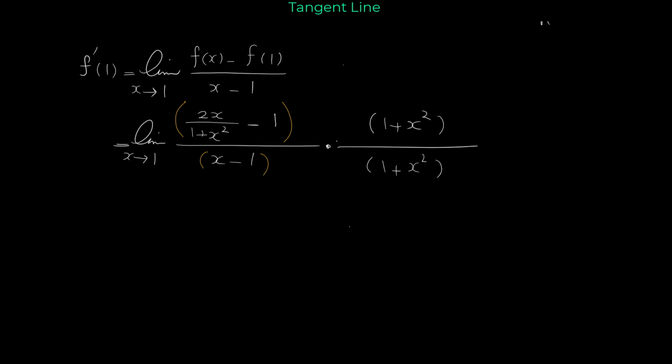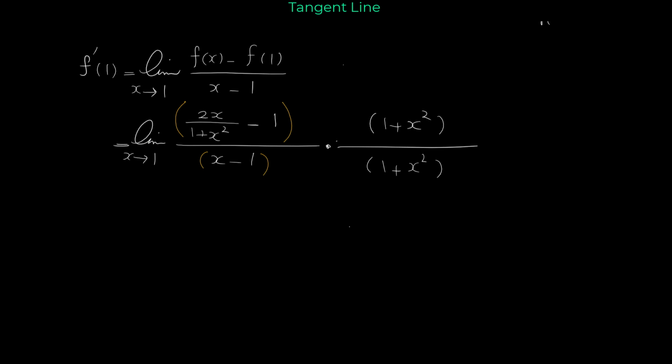We are going to multiply numerator and denominator by 1 plus x to the 2. And the reason that you have to multiply also the denominator is that if you just multiply the numerator by something and you don't multiply the same thing by the denominator, you change the limit, you change the expression. So you are only allowed to do this if you multiply numerator and denominator by the same thing.